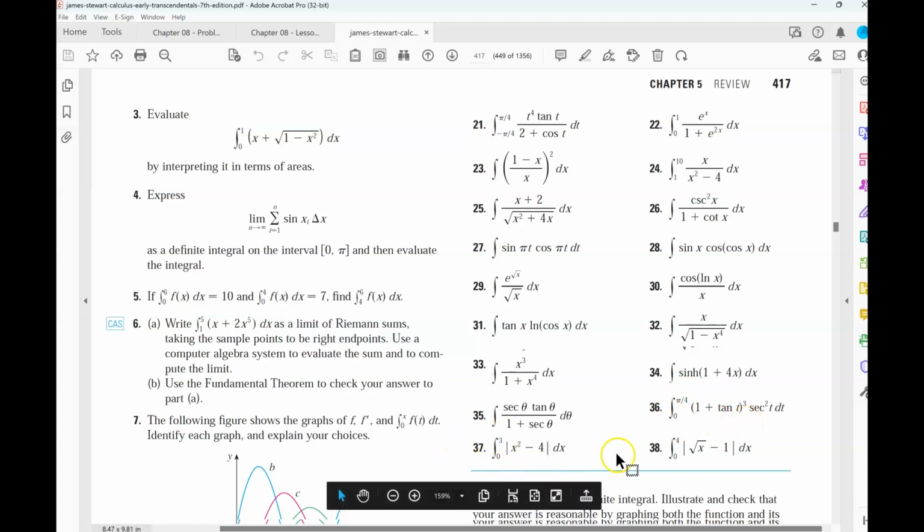How would you do 37 or 38 where you have the absolute value? This is something that I've seen show up many times on the AP exam.